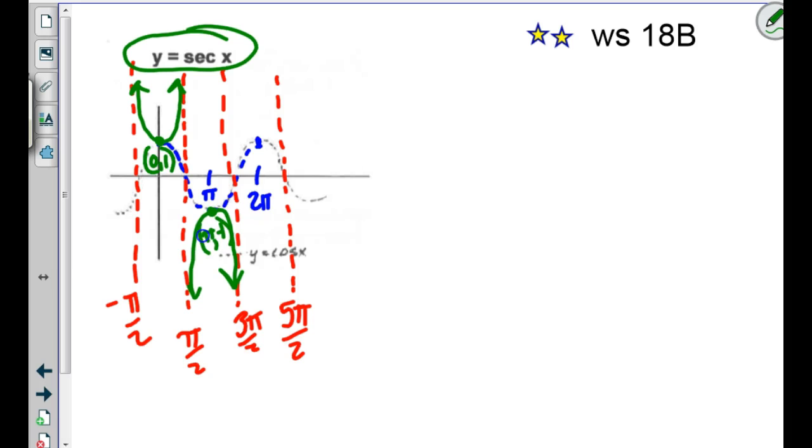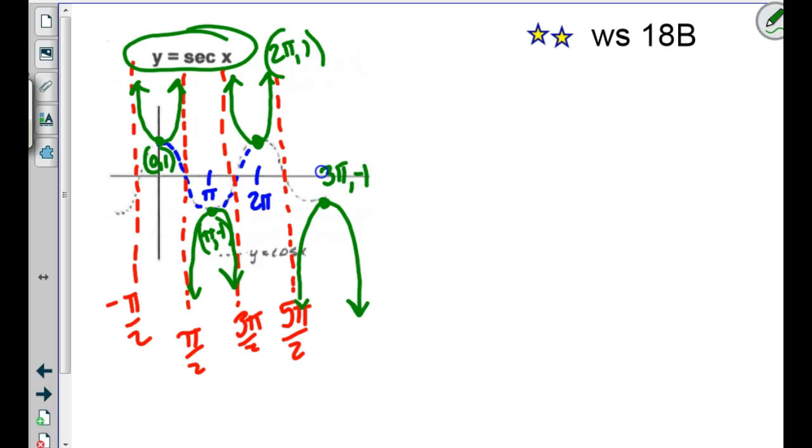Can anybody give me this ordered pair? Where this one? What's that right there? Yes, pi, 1. And if we kept going, there'd be another one over here at 3 pi, -1.